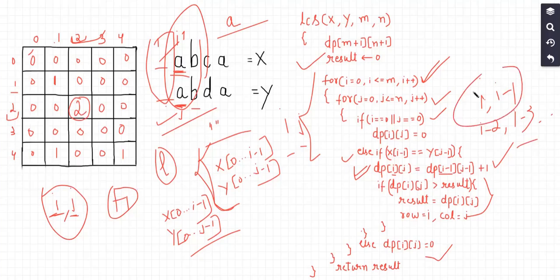Fine, that's all I require, the results of the previous row. So to find the results of row number 1, I require the results of row number 0. Then to find the results of row number 2, I require the results at row number 1.